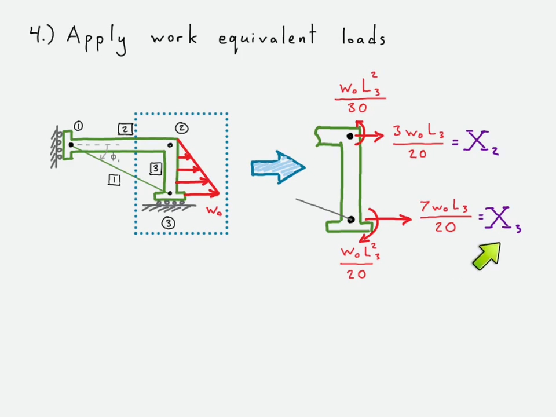This would be the horizontal force at node 3. That would be our moment applied to node 2. And that would be our moment applied to node 3. Note that I included a negative sign here just because, since this is going clockwise, as we would enter it into the reduced stiffness matrix equation, it would be that. But it turns out we don't need to worry about that because this degree of freedom is constrained anyway. But good to know in general, I suppose.